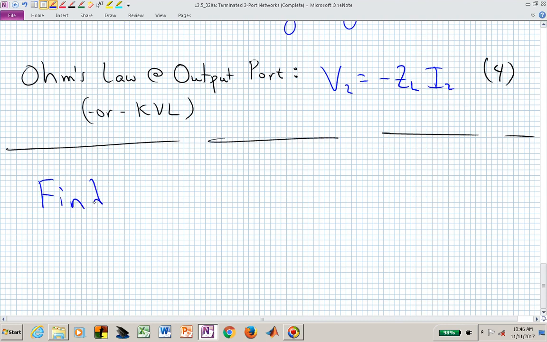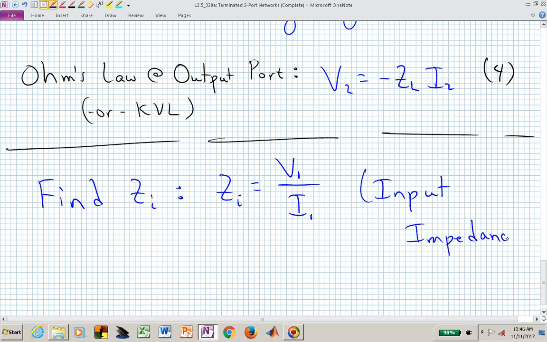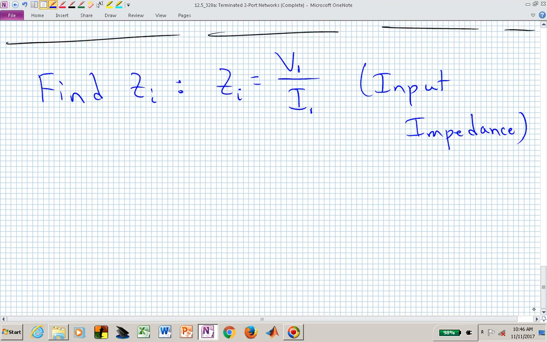We want to now find Z sub I, the input impedance, which will be V1 over I1 in this loaded condition, or in this terminated circuit. What is our input impedance?